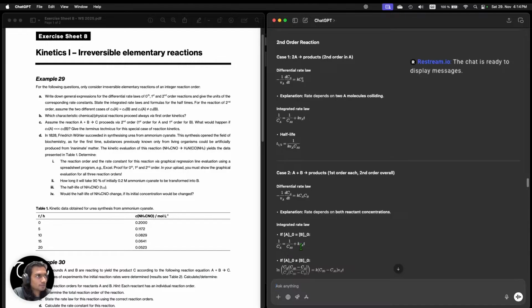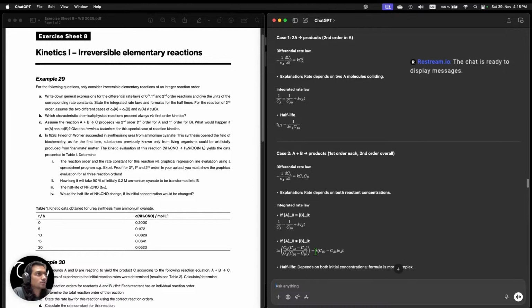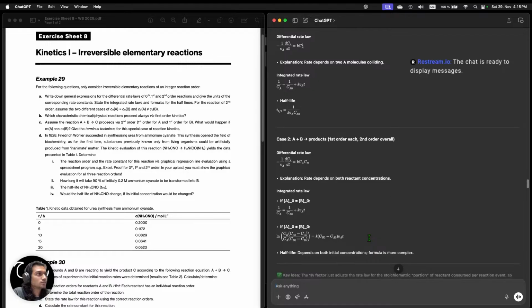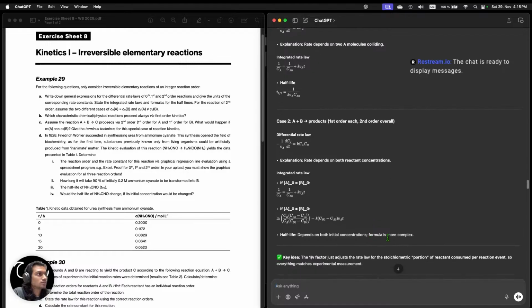So I believe. Wait. Formula is more complex. What do you mean more complex?